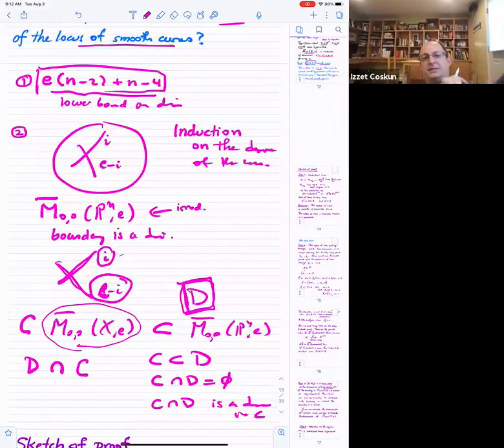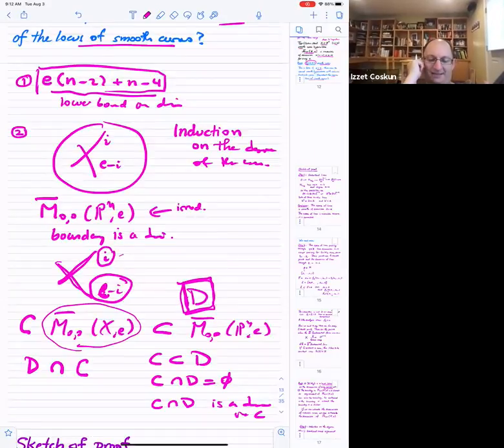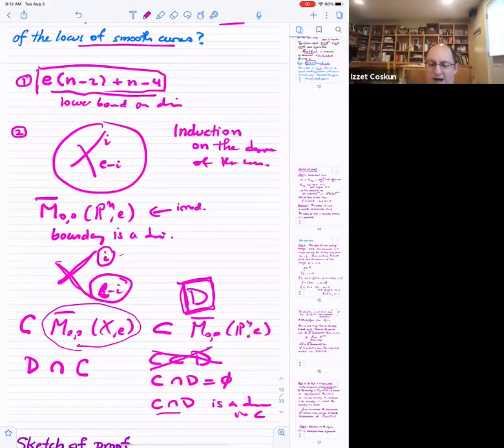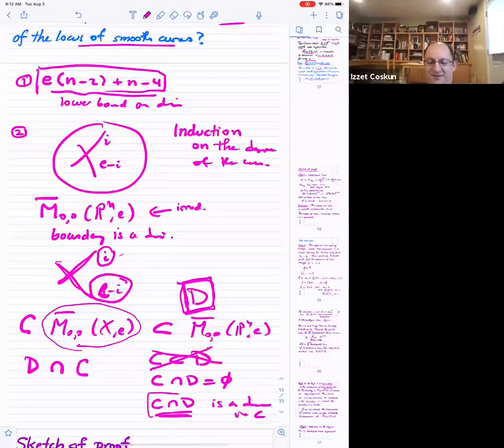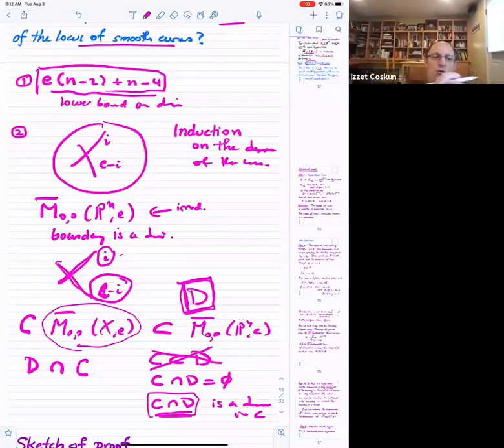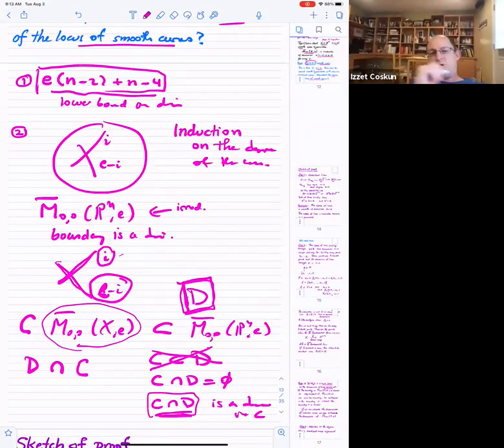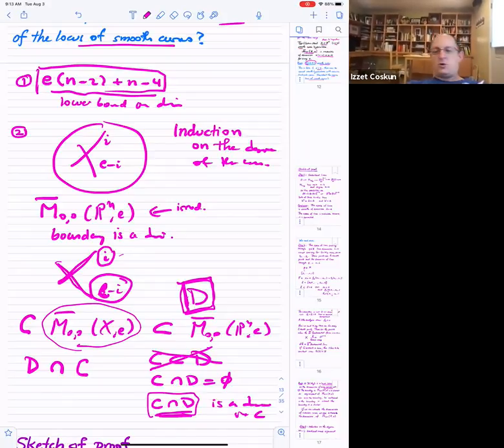Because there's a lower bound on the dimension of every component, you know that, first of all, you're not contained in the divisor, so you have to meet the divisor. And if the dimension is one less, then the dimension of the component has to be this. So that's the idea: you do induction on the degree of the curve, using the fact that in the compactified space and projective space, the reducible curves form divisors.